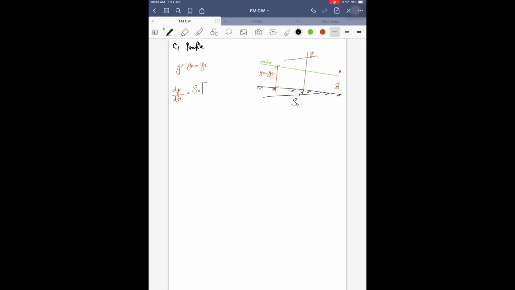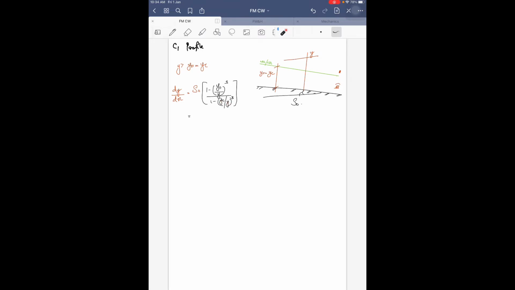S0 into 1 minus yn by y the whole cube by 1 minus yc by y the whole cube. Now here y is greater than yn, and y is greater than yc also.